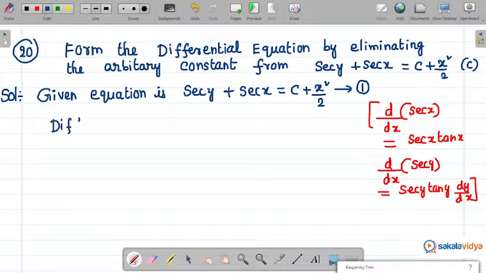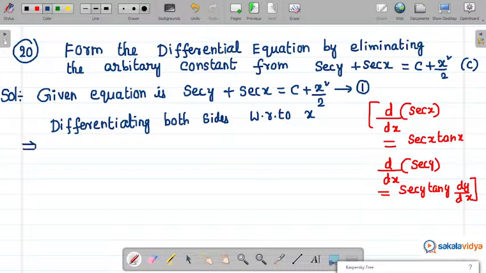Differentiating both sides with respect to x. So then what do we get?